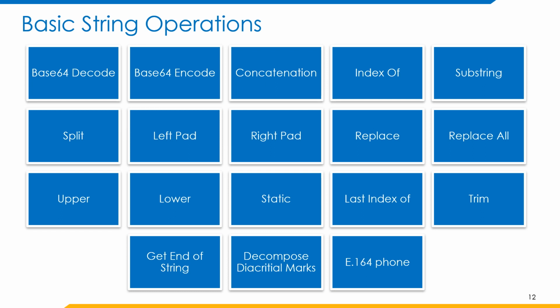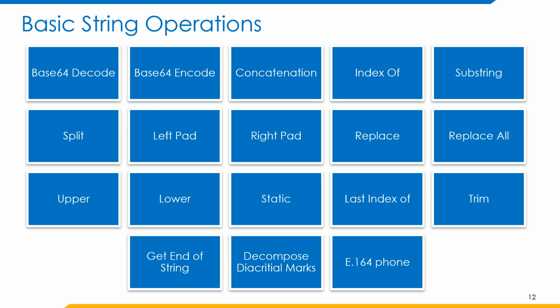Replace. The replace transform is used to replace a specific string based on the provided regex. Replace all. The replace all transform is used to replace strings based on the provided table attribute of key-value pairs as an argument. Upper. The upper transform is used to convert a string into upper case letters.